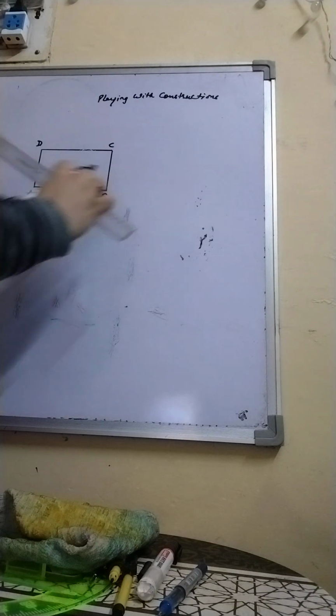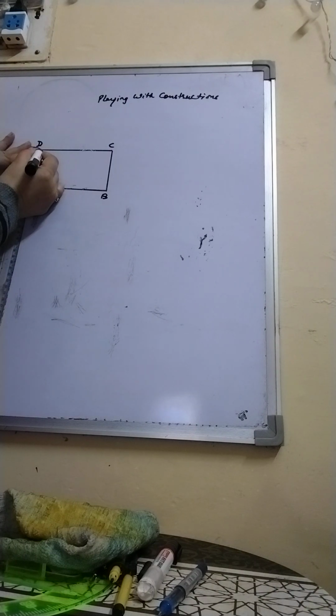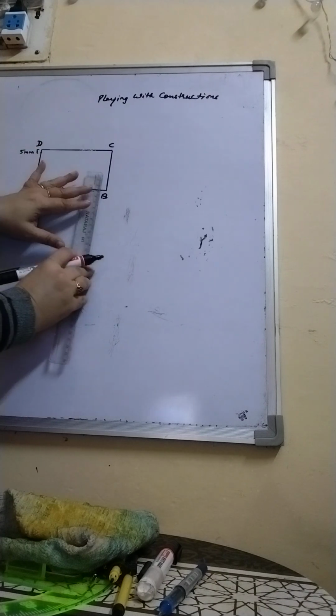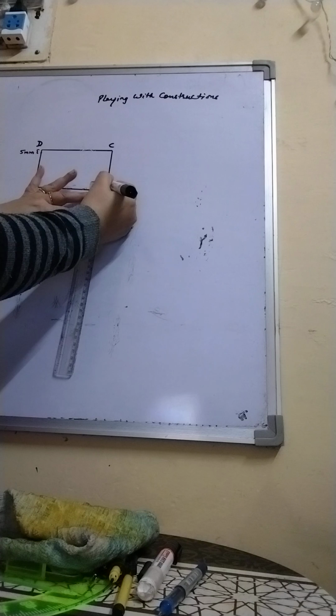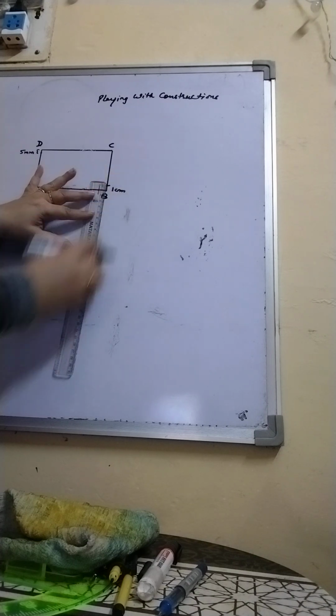Suppose we make an arc here around 5 millimeter. So this portion is 5 millimeter, and here I make a point of 1 centimeter.